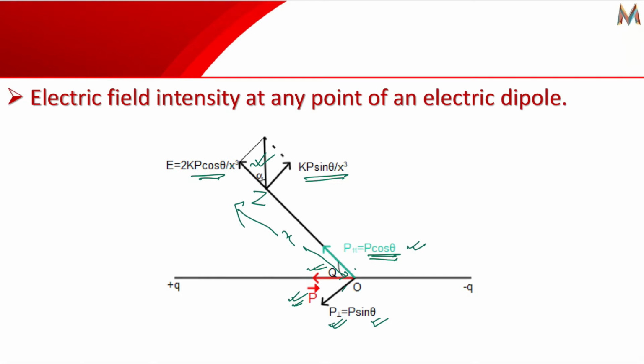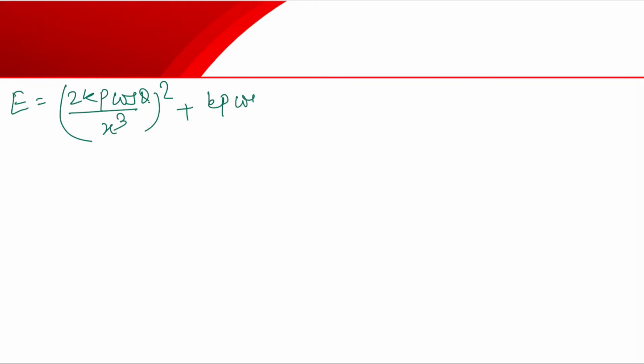Okay. So first let us find the resultant of these two electric fields at point Z. That resultant E can be written as under root of (2 kp cos theta by x cube) whole square plus (kp sin theta by x cube) whole square.